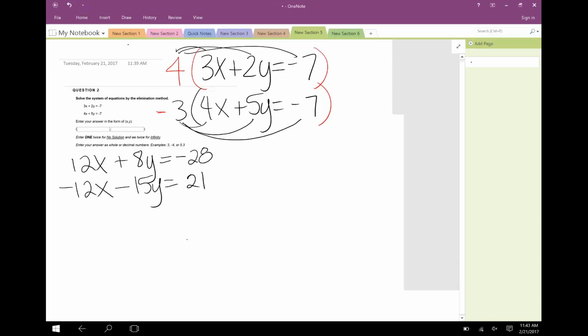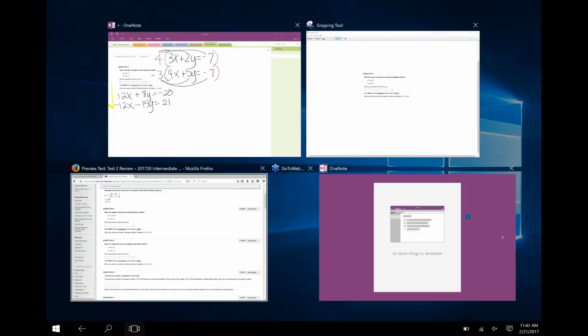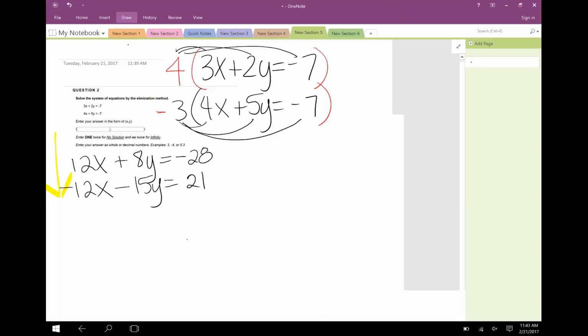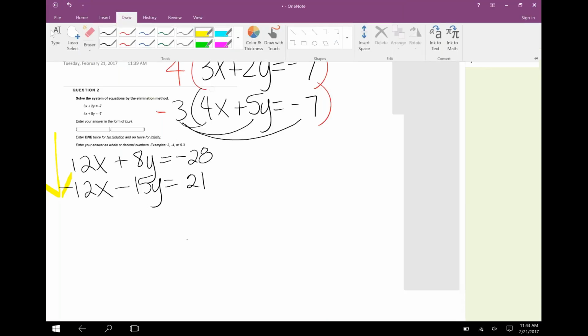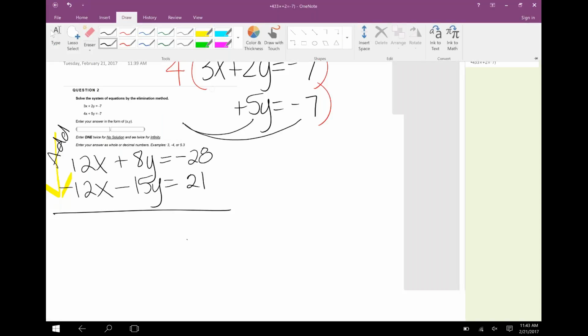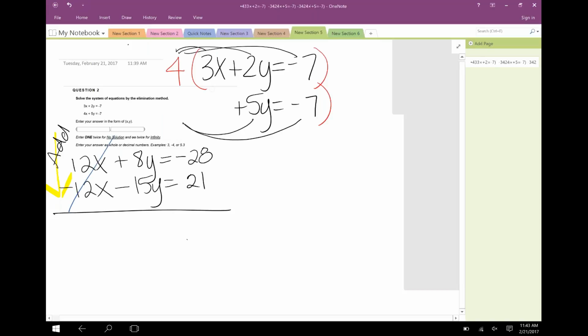If you notice, if I add going down, let's look at what happens to my x values. 12x plus negative 12x is no x, 0x. So that's gone. That was the whole point of doing that. 8 plus negative 15, different signs, you subtract and take the sign of the larger number.